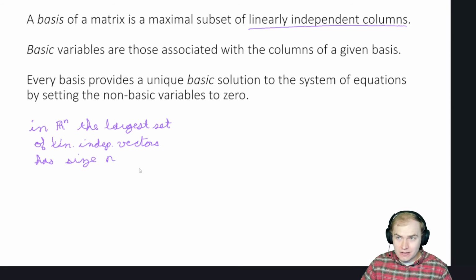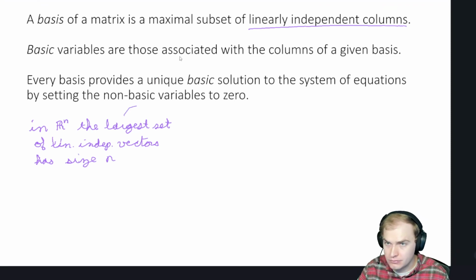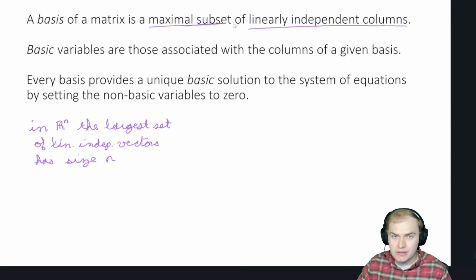Which means that a maximal subset of linearly independent columns will be n by n. It will be square.